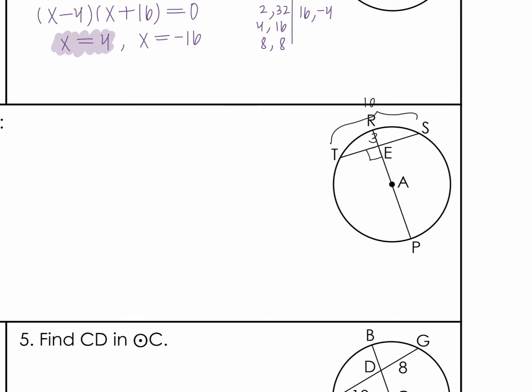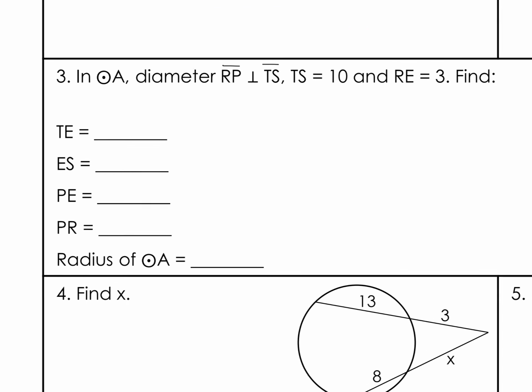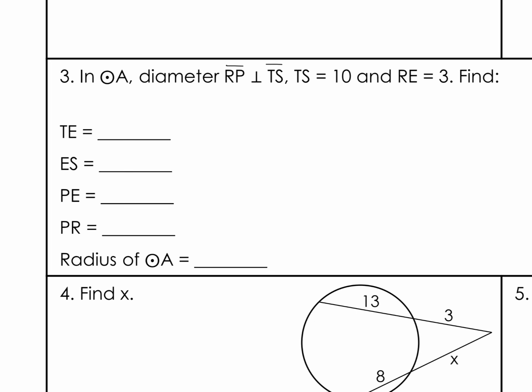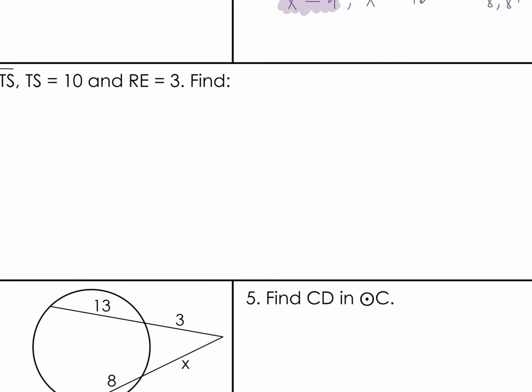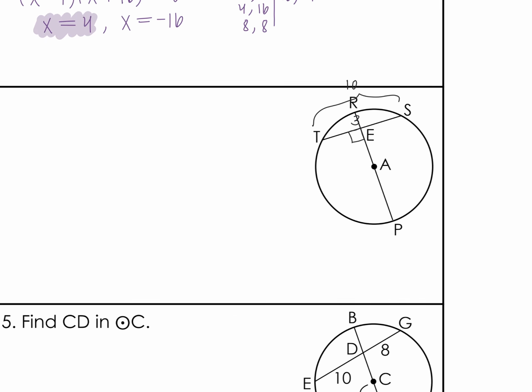All right, so if we look at what we're asked for, we're going to start off with that TE. What is TE equal to? Well, TE is going to be the length from here all the way to E, okay? Which if you remember, when that diameter is perpendicular to a chord, it's going to bisect it, it's going to cut it in half.